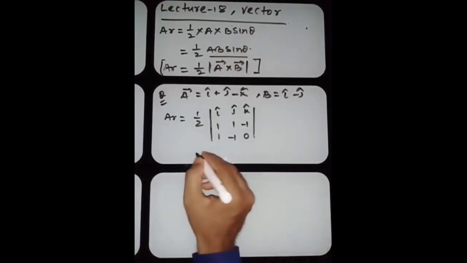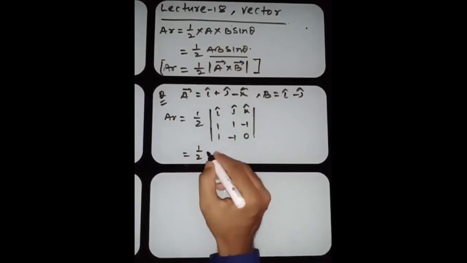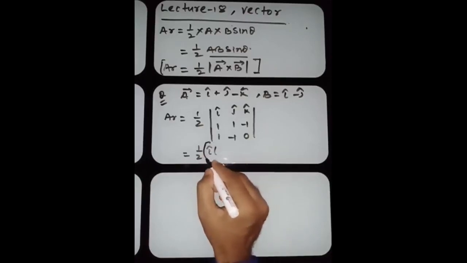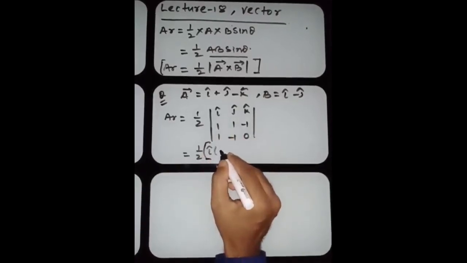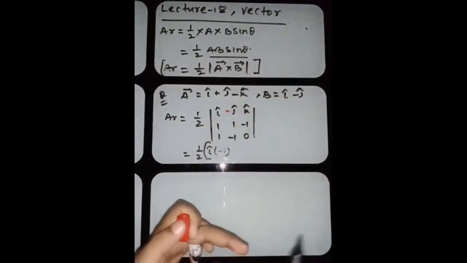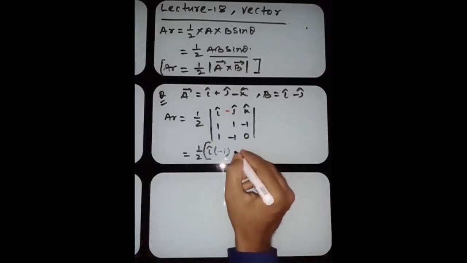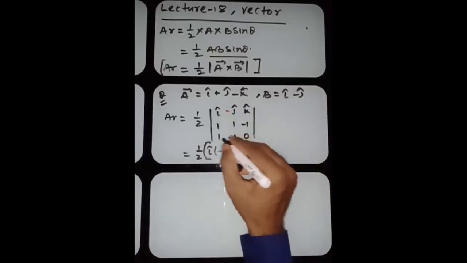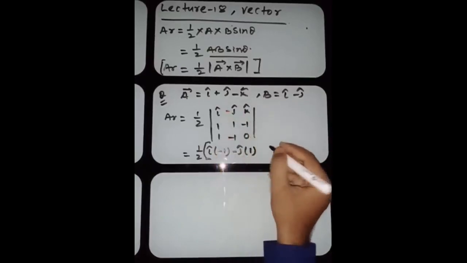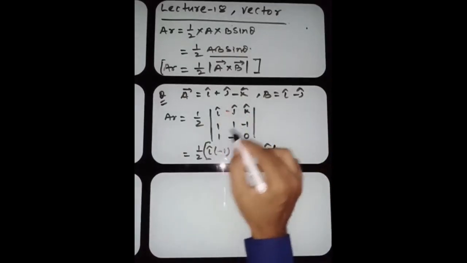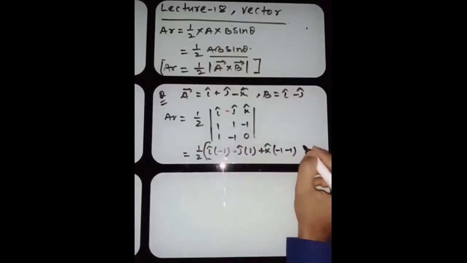Half into, I'm going to split it: i, 0 and minus 1; then minus j, we provide the negative sign here, 0 and minus 1, and minus 1 is plus 1; now plus k cap, minus 1, minus 1.